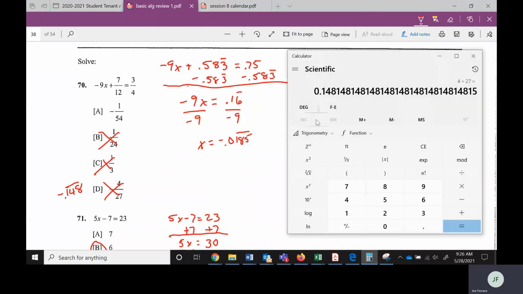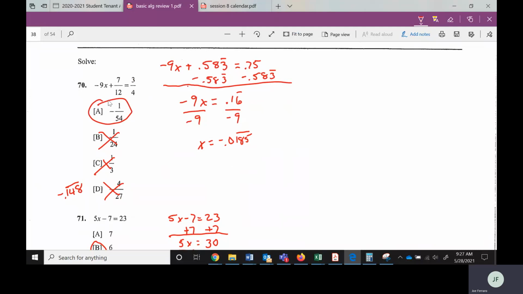We're going to go negative 1/54. So we can just go 1 divided by 54 equals, and there it is, what we had here. So letter A.